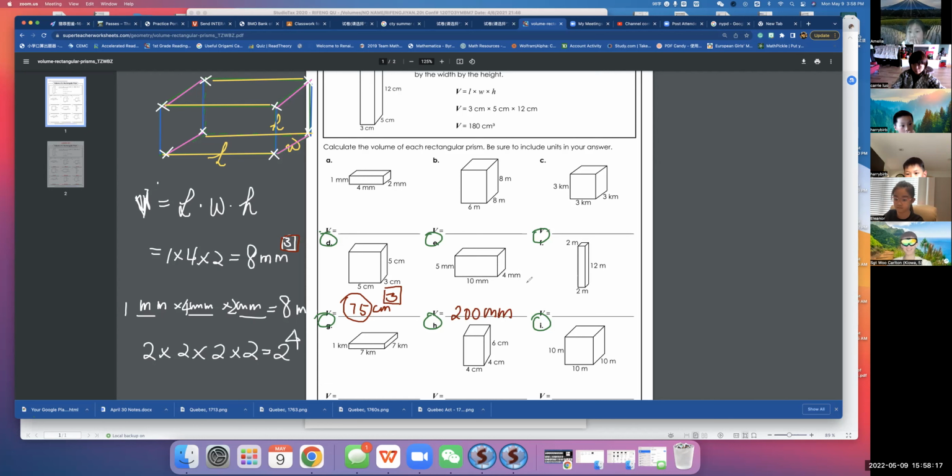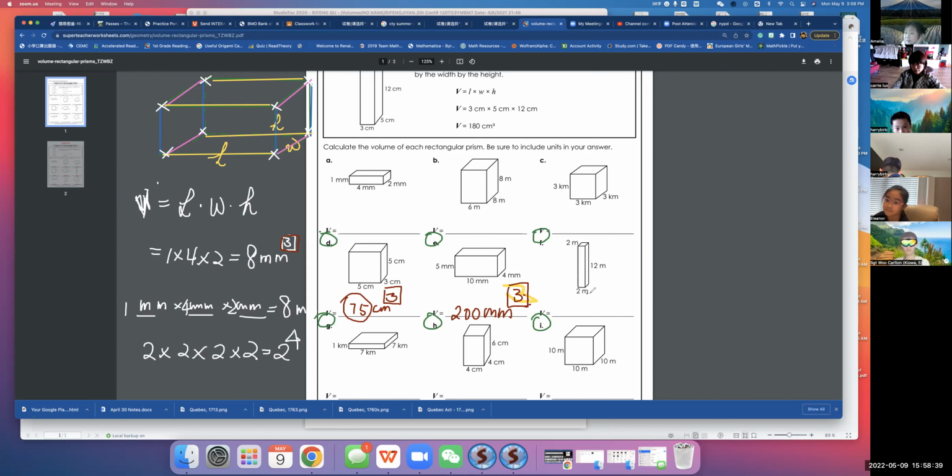Again Harry, did you see what the teacher said about what was wrong with Amelia's answer? You need a three on the top. So that is cube. It's 200 millimeters cubed. Okay, next one.